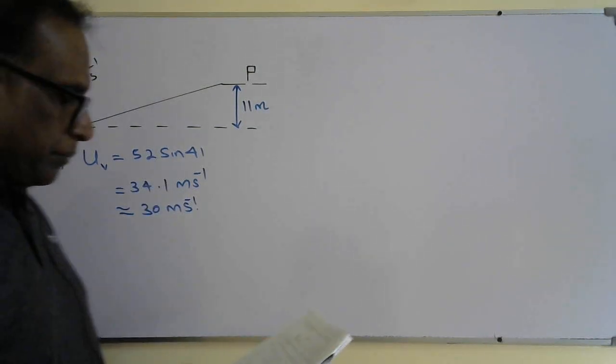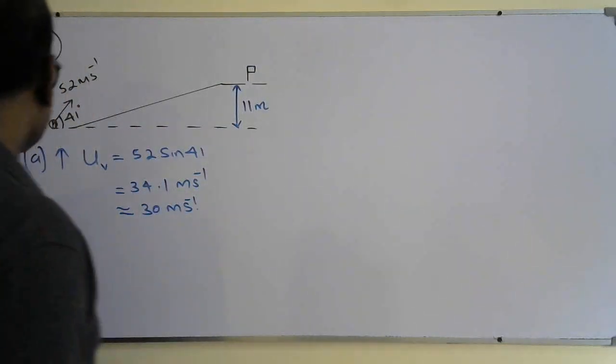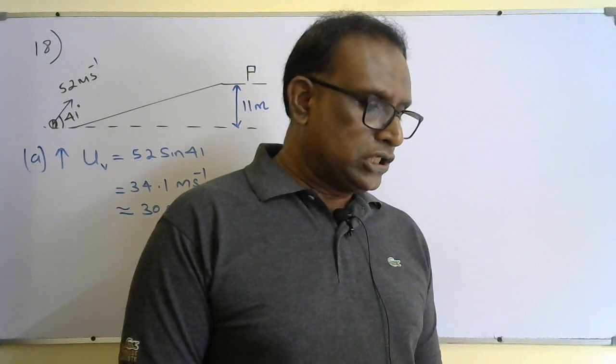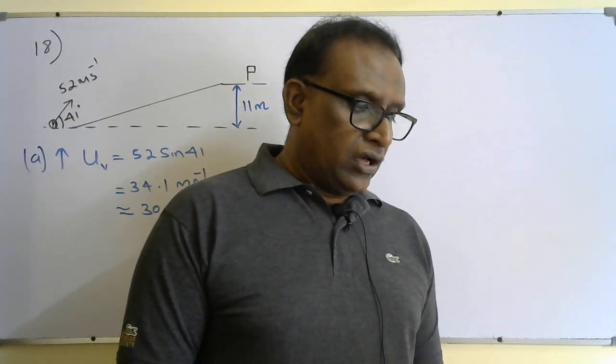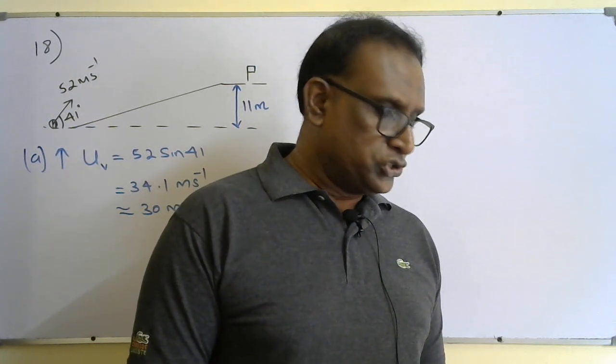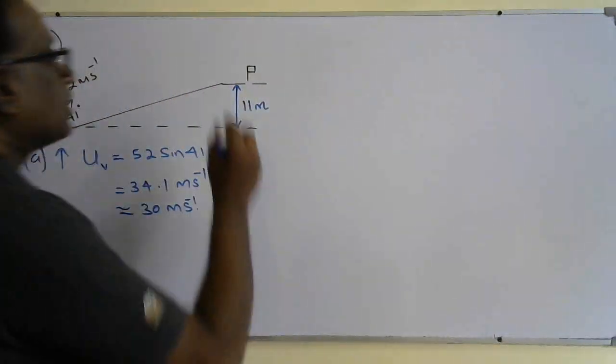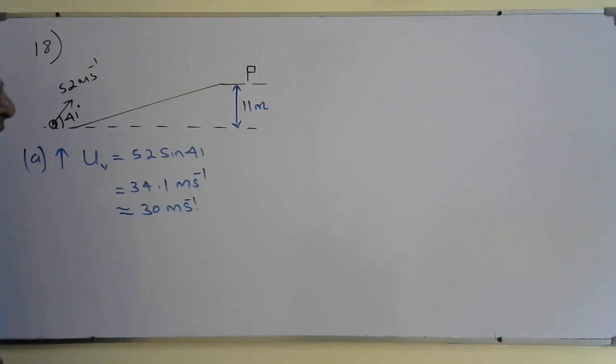That's part A's answer. Part B: show that the time taken by the ball to reach the ground was about 7 seconds. You should ignore the effect of air resistance. So the time taken to reach the hole, with vertical displacement 11 meters, is about 7 seconds. We have to show that.